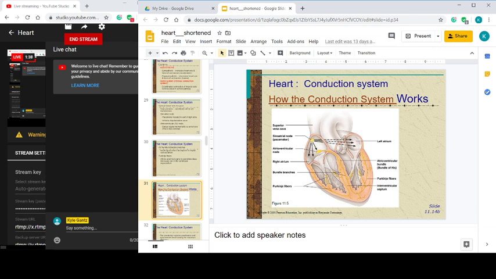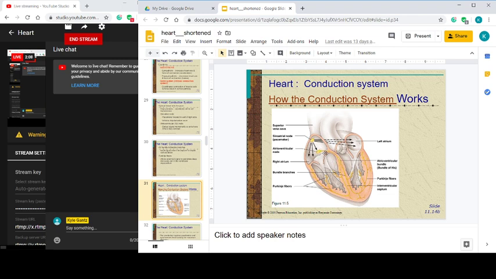The contraction spreads through the atria and works its way down, squeezing from the top to the bottom, kind of wringing itself out, and causes the blood to go into there. That signal will hit that AV node, which is right there.